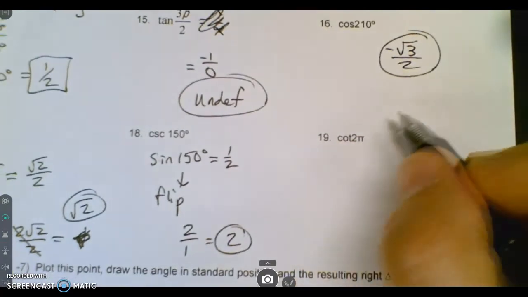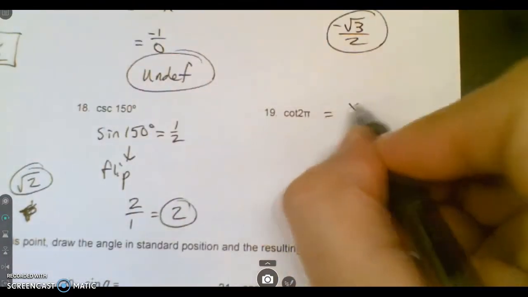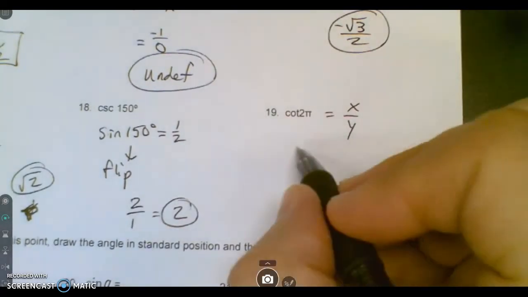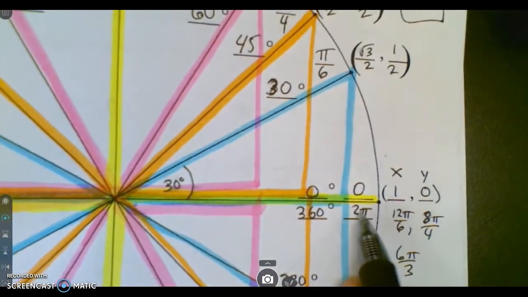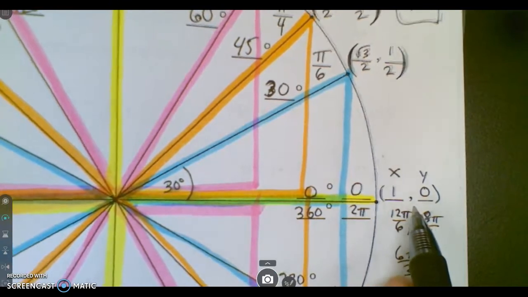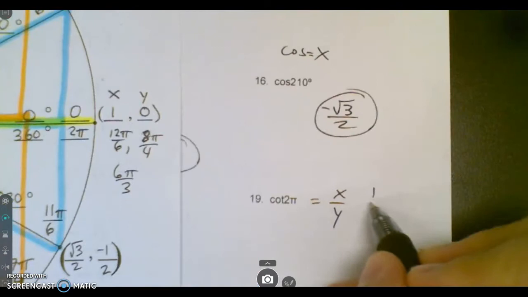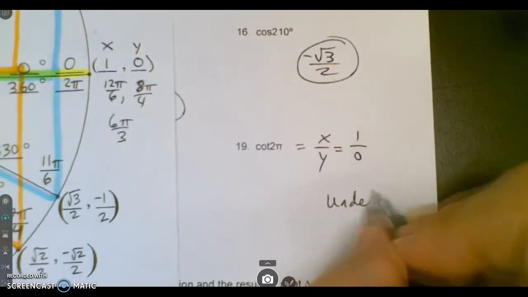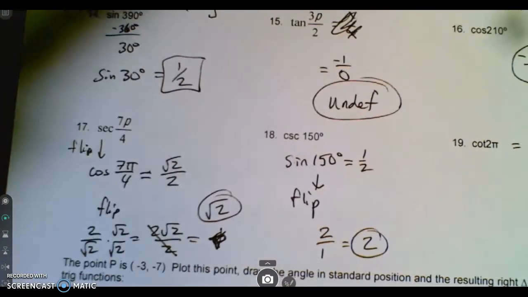I could find tangent and then flip it, but remember how tangent was y over x? Well, cotangent is just x over y. I don't have to flip it twice. So if I want to find cotangent of 2 pi, I go to 2 pi, which is right here, that point, 1, 0, and I write x over y, which in this case would be 1 over 0. And 1 over 0 is undefined. If you would have had 0 over 1, that would have been an answer of 0.